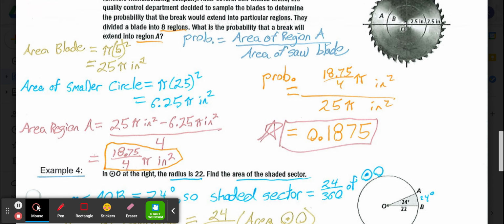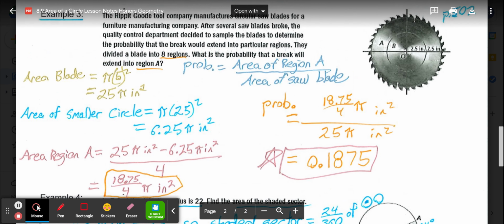So 25 pi minus 6.25 pi on top is 18.75 times pi, and that whole thing is over 4. So we're going to leave it as this exact answer till our last step. We're not going to use an approximation yet. So the area of region A is represented by 18.75 pi over 4.